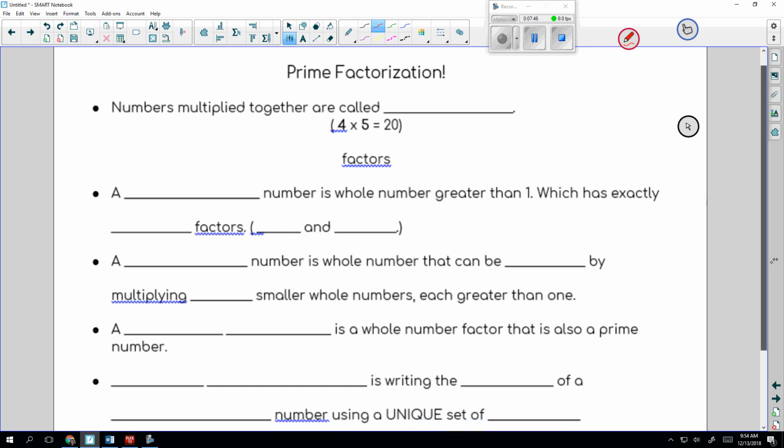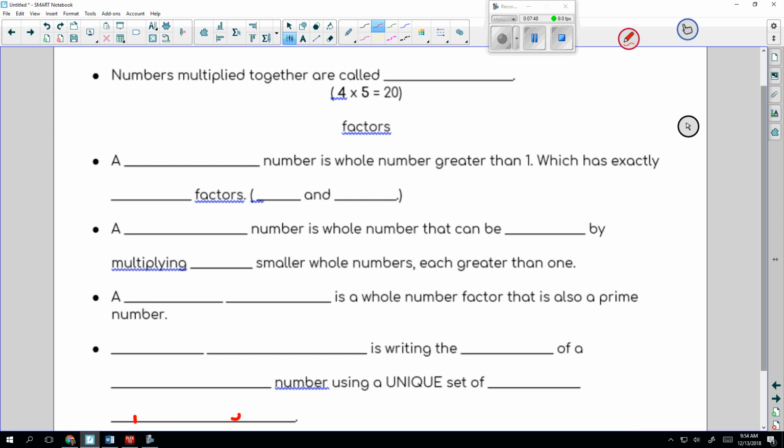Okay, so prime factorization. The first thing we need to remember is that the numbers that we multiply together, what do we call those? Just numbers that are multiplied together. Factors. Very good. They're called factors. So that's going to be our first word up here. And if I look at this little problem, 4 times 5, 4 and 5 are factors. Okay?